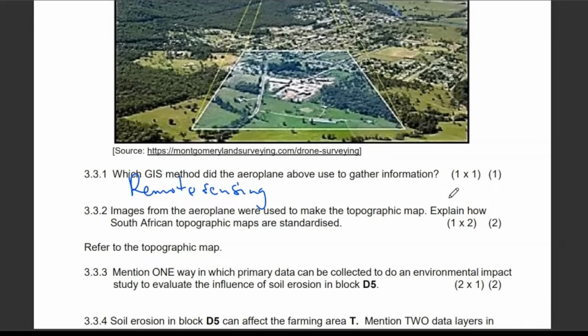We want to apply universality in the maps. So by doing so, we are ensuring that every map reader has got easy interpretation of the map information on the very maps that they are using when they are studying geography. So the effect of standardizing maps, we want to make maps universally applicable to all the map users.